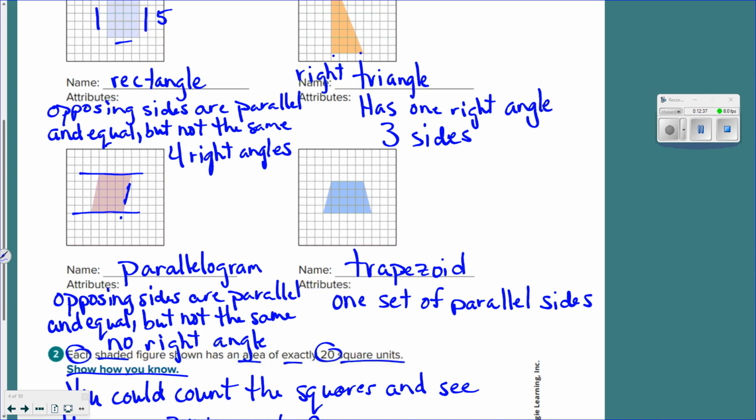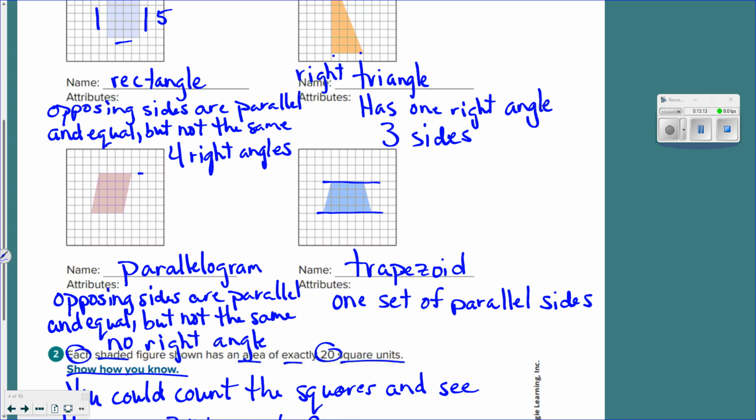Doesn't matter how long I draw them. Not parallel. If I draw this and extend it, draw this and extend it, look. Now it intersects. Triangle. So the whole deal on the trapezoid, eventually they're going to touch because they're not parallel. On the other side, the other set, those are parallel, so those will never touch. So that's why we say one set of parallel sides. That make sense?